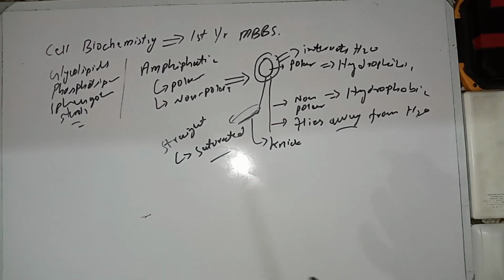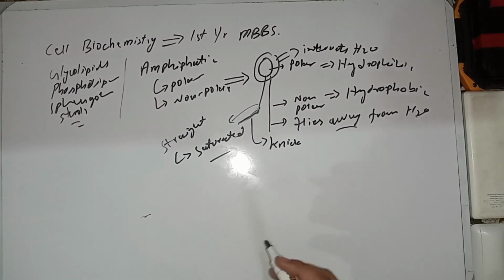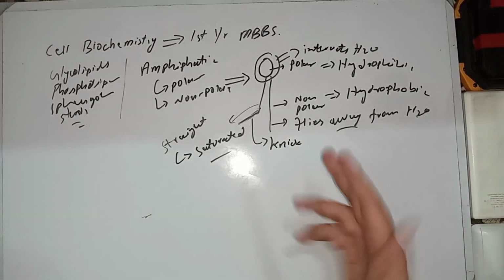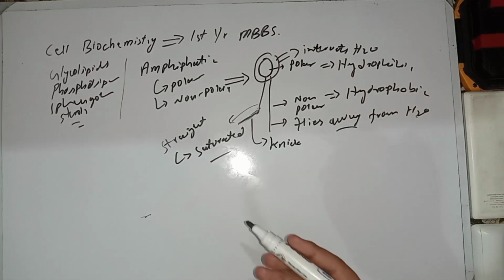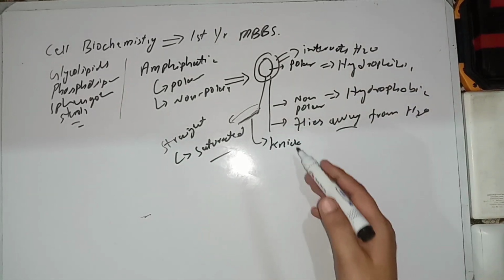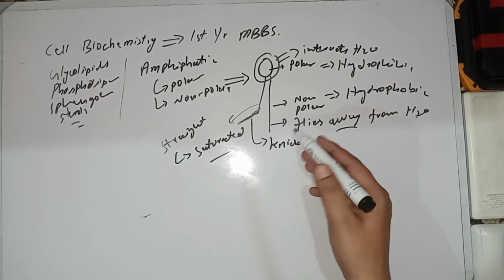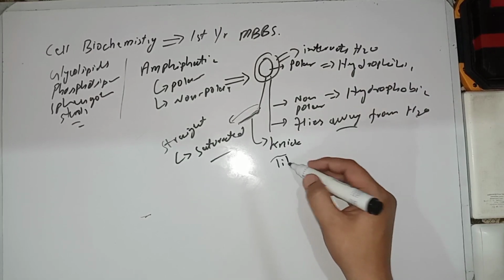So membrane phospholipids are amphipathic, interacting with water by the polar region while the non-polar region flies away from the water. Moreover, the saturated ones have straight tails, while unsaturated ones have tilted tails.